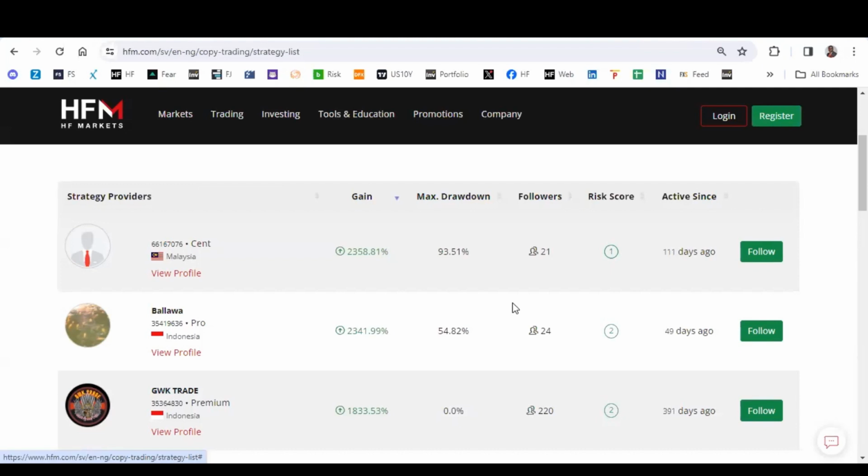So the higher the followers, the more people like their strategy, which can be a good indication.